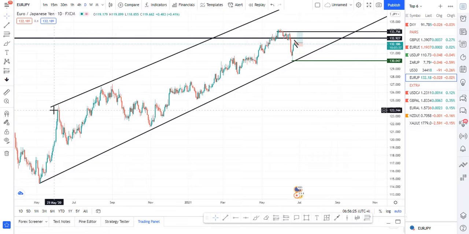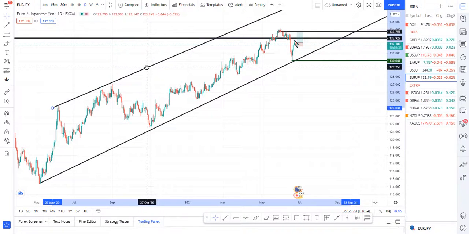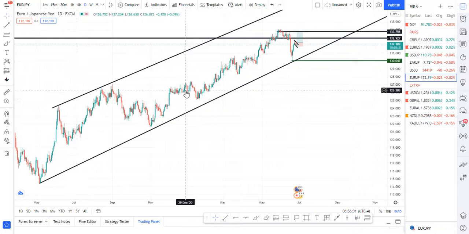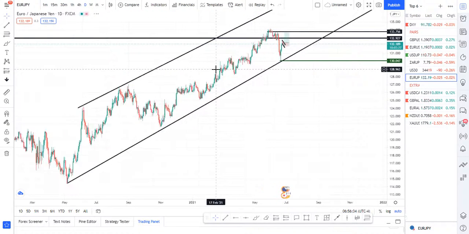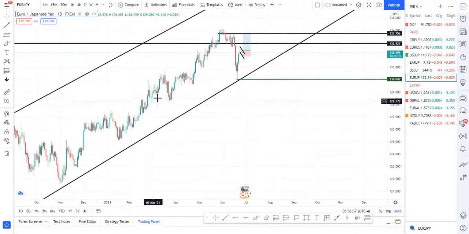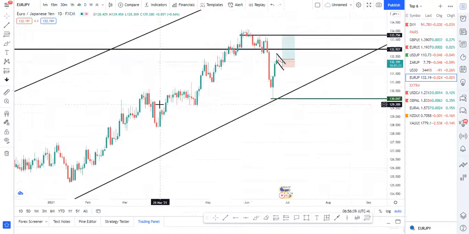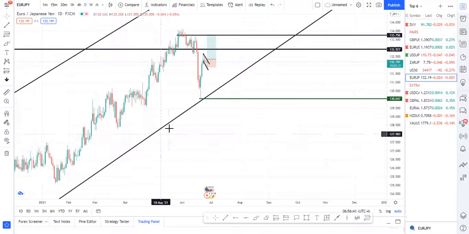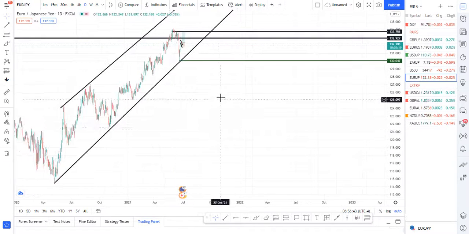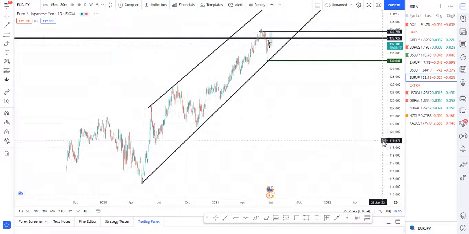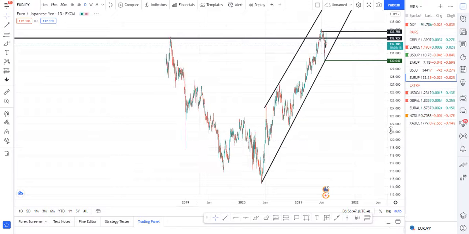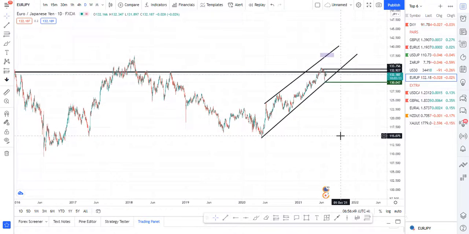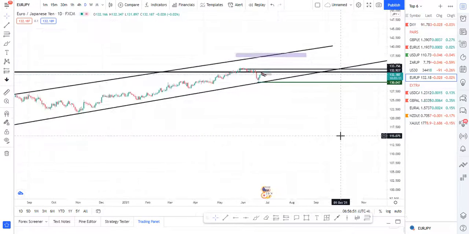Okay, I can see it's one touch. Let's fix it. This one touch, second touch. So now when I'm looking at this, I'm thinking of a couple of things in my head, right?